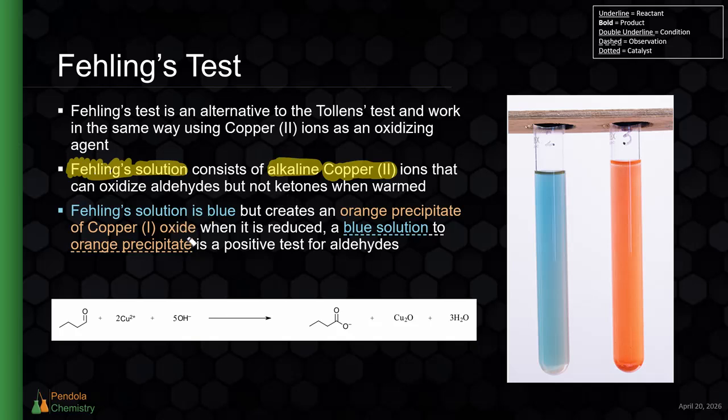So a Fehling's solution will use those Cu2+ ions to oxidize the aldehyde into a carboxylate ion, because again it's an alkaline solution, and the Cu2+ will turn into Cu+, which will combine with oxygen from the air and from the solution to create copper 1 oxide and water. Now the oxygen also can come from the hydroxide ions in the solution, that's why this needs to be alkaline, and therefore creating this right here, which is not soluble in water. So when the copper oxide gets created, that is a solid precipitate.